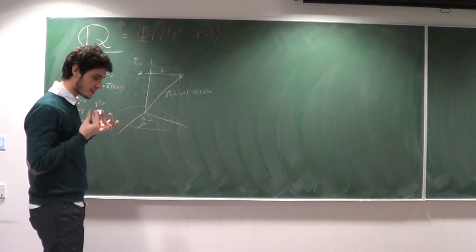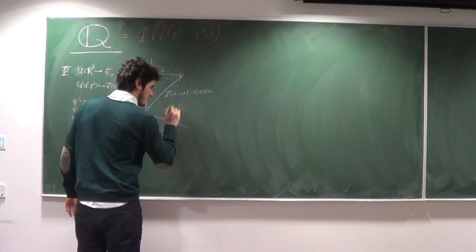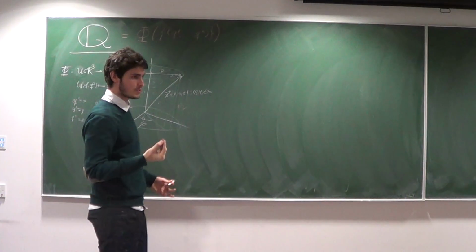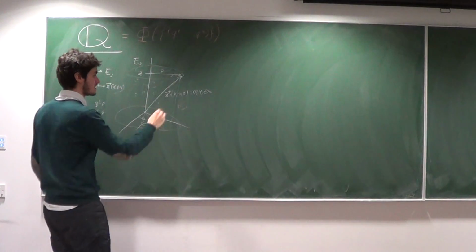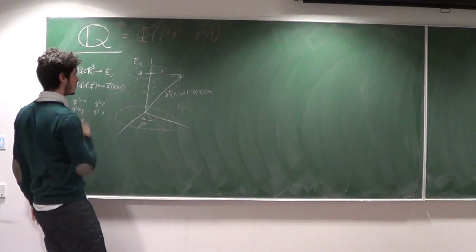A particular configuration is a particular position of the particle at that point. And since we are considering a model in which particles are just points, a particular configuration is uniquely given by a set of coordinates.